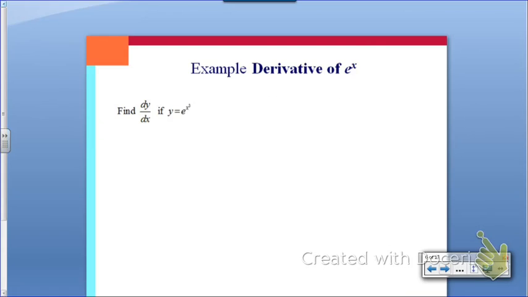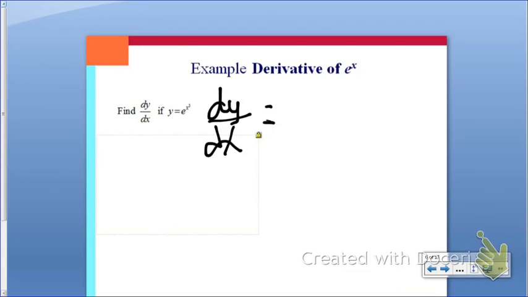An example: derivative of e to the x to the third power. Find the derivative. dy dx equals e to the u, so e to the x cubed, times the derivative of this piece, which is the u, so 3x squared.